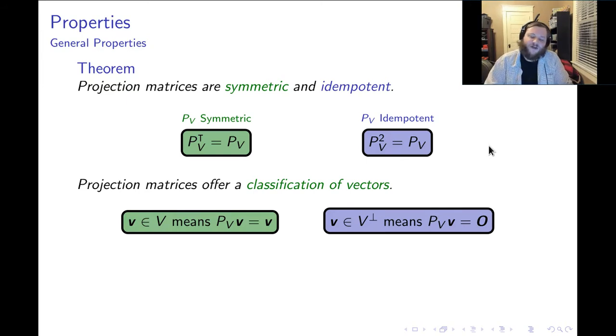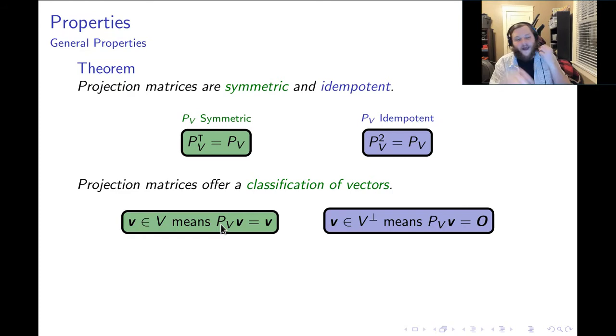Why are projection matrices useful? Well, for us, one of the reasons they're useful is that they offer a classification of vectors. To say that a vector v is in the space you care about is to say that when you project the vector, you don't change it. So if the vector v is already in the space you're trying to project onto, when you project, you don't change the vector at all.